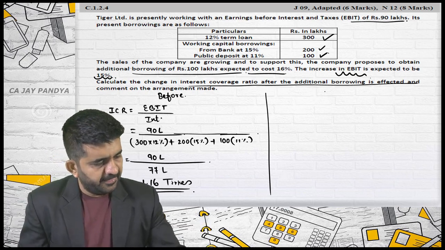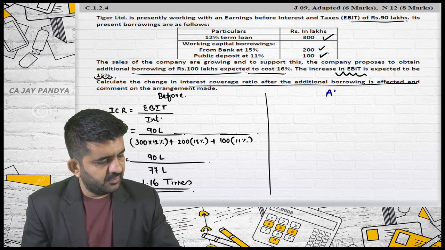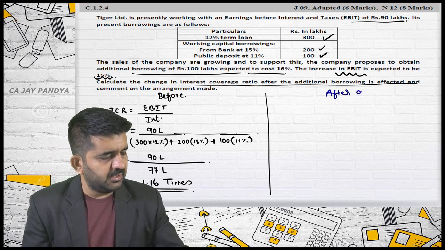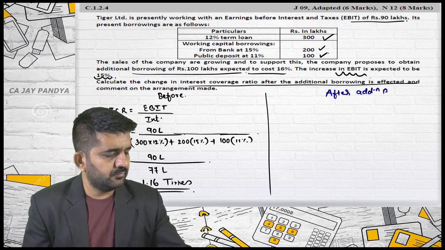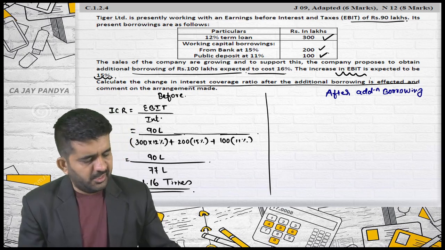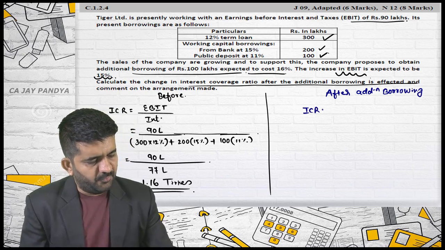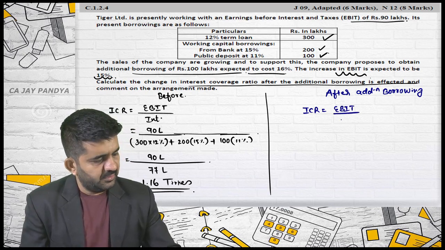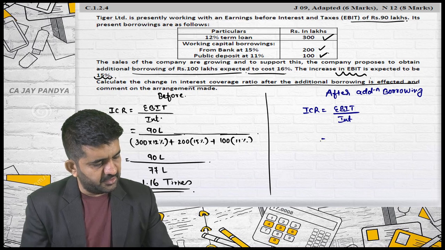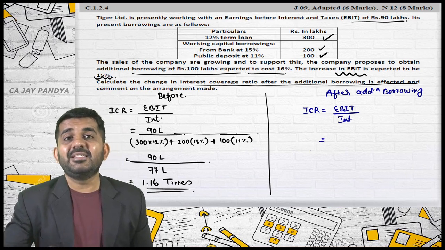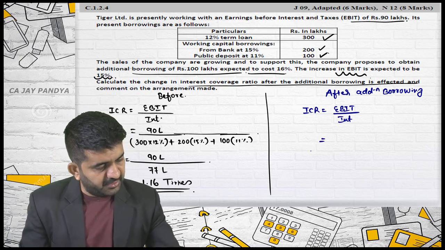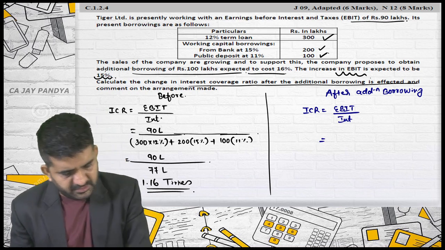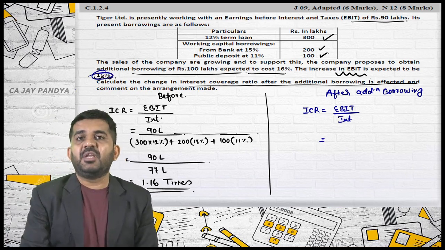After additional borrowings, the formula for interest coverage ratio will remain the same: EBIT divided by interest, but EBIT is increasing by 15%.